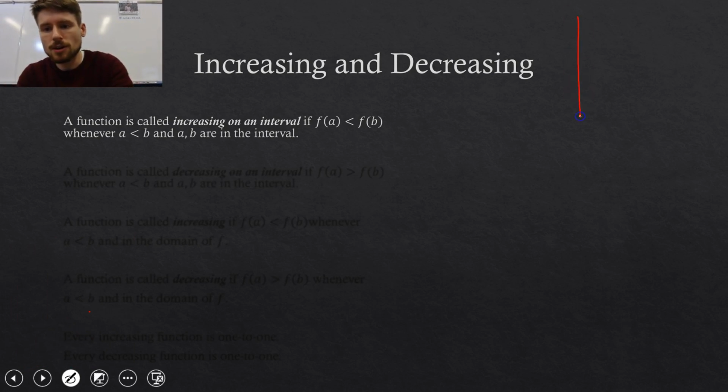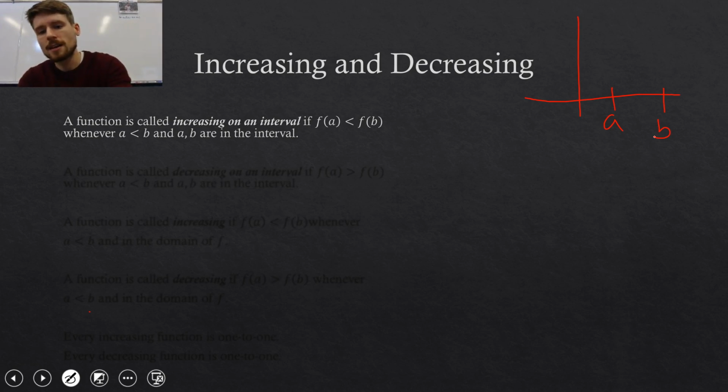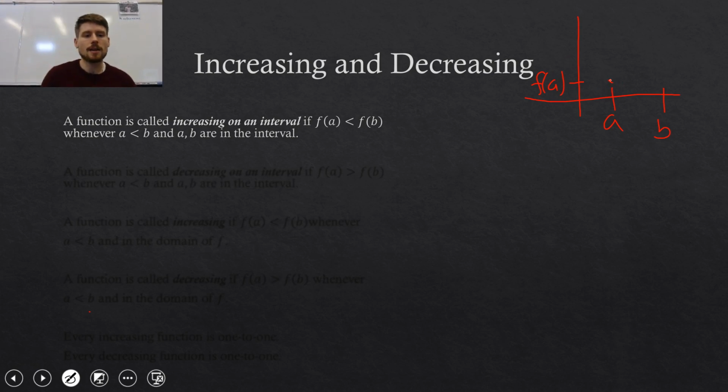You've got your function's graph, and let's say a is smaller than b, so that means a is left of b. It could be 1 and 5, or it could be -2 and 0. But as long as a is smaller than b, this is the interval we're interested in. Then maybe f of a is something like 1, so we would plot f of a here.